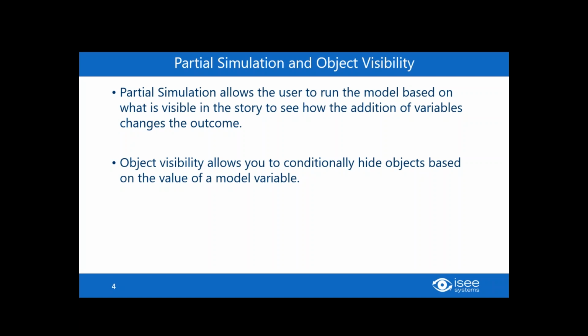It's very fun, and it gets them to see some more intuitive aspects of the model as they walk through a story. And object visibility allows the author to conditionally hide objects based on the value of a model variable. And we will show you how to do both of these within a story that we built last time in our session.